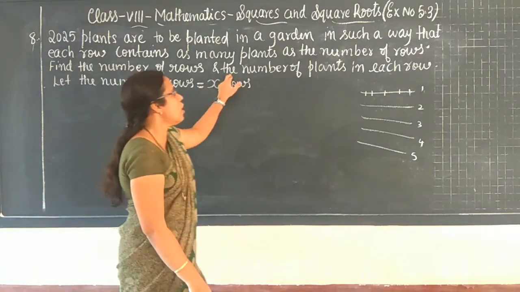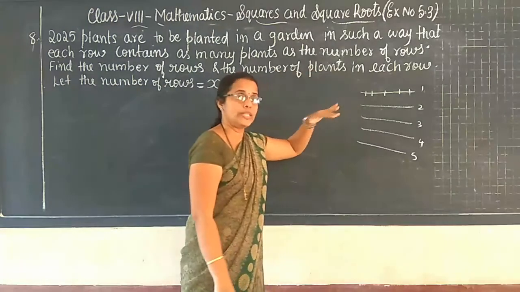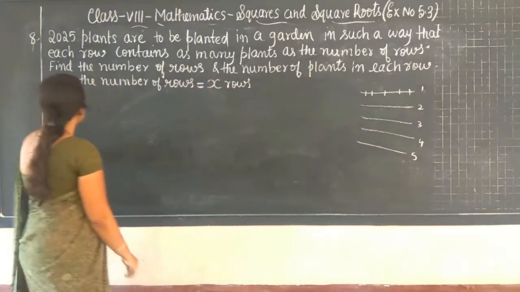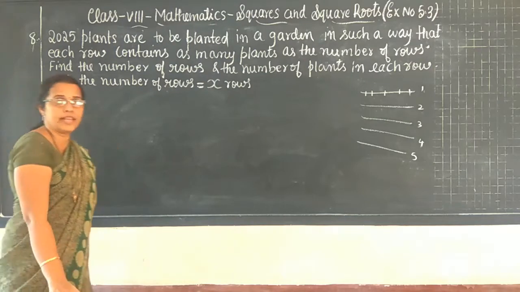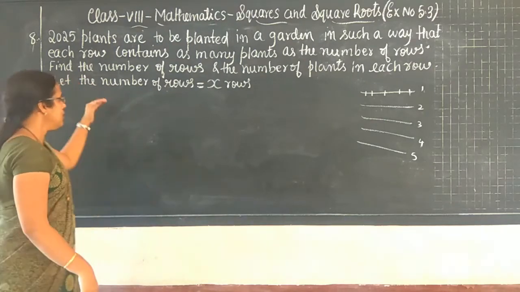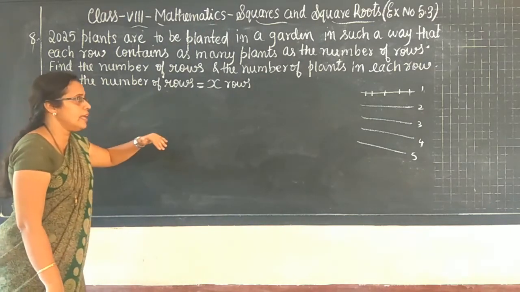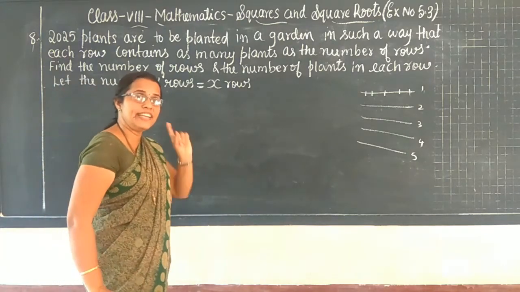Then what is the number of plants in each row? That later we will find out. Okay, children? So first let us see how many rows are there. After that, how many rows are there, that many plants you have to plant in each row.